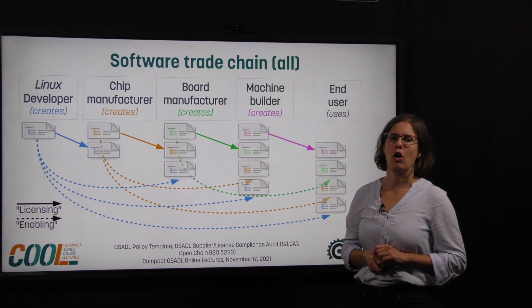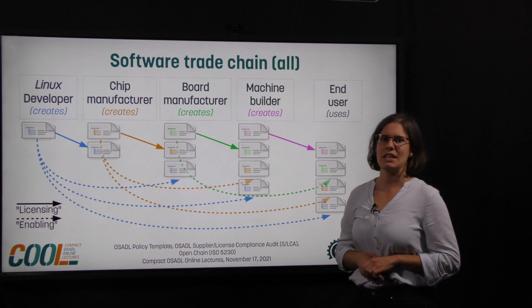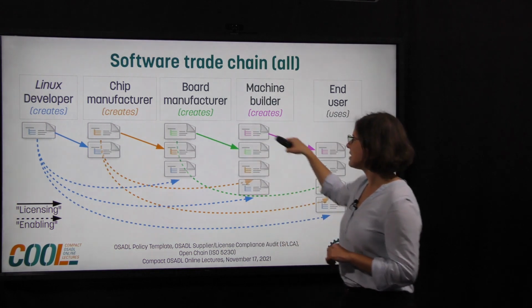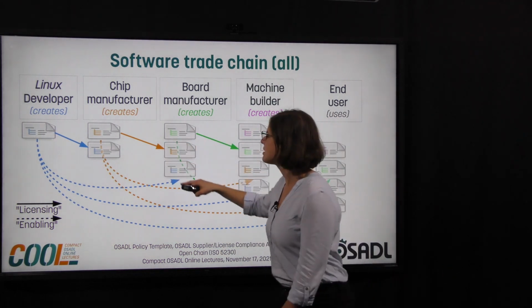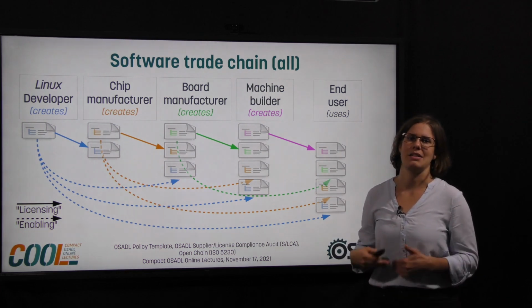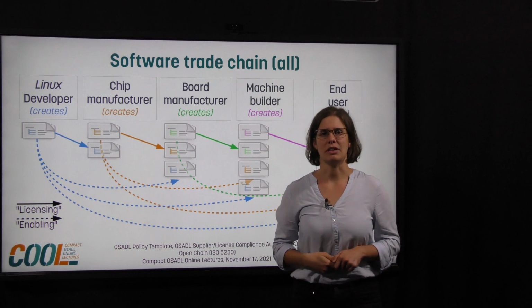So if we look at the whole concept, you'll see it can get quite complicated, and everyone licenses their own part and enables the downstream users to receive a license from the original creators.